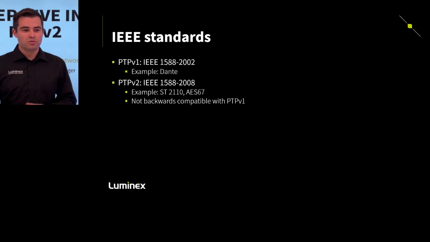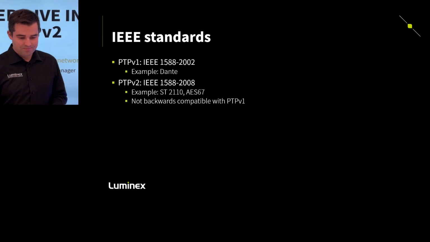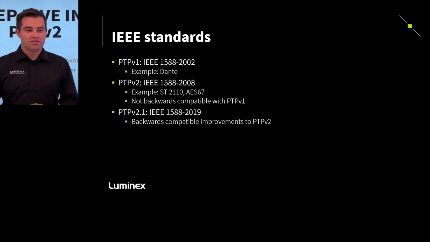You can consider it two separate protocols, and if you want to sync them together, something in the network needs to translate from one version to another. Finally, there is PTPv2.1, which came out in 2019, and that's backwards compatible to PTPv2. There's some optional new improvements in there, like, for example, the possibility to protect or authenticate your grandmaster clock.